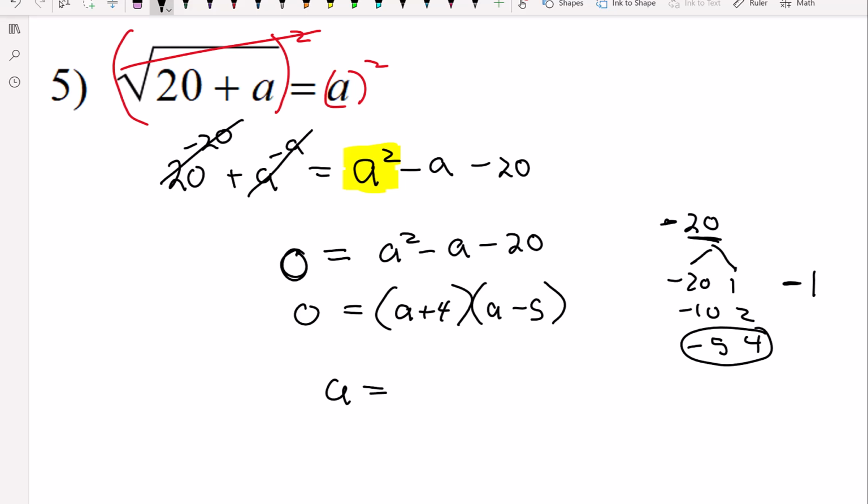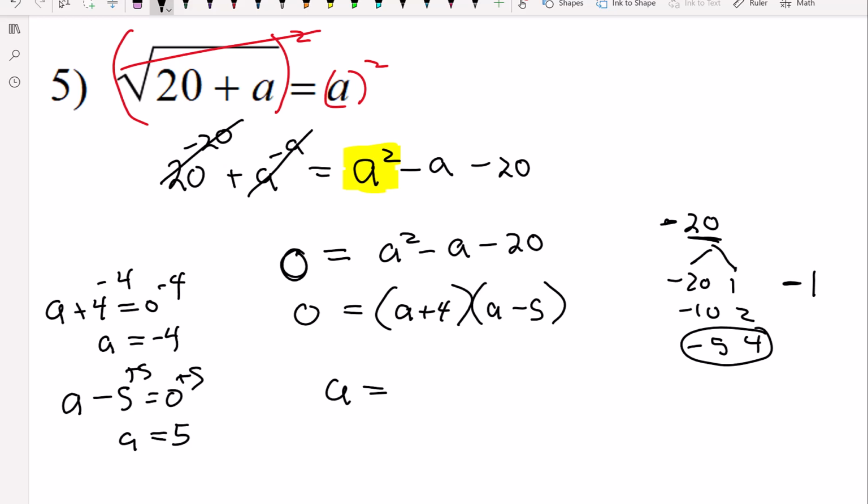Now, remember, we could do the zero property rule and then solve for a. A minus 5 is equal to 0, add 5. But that's a lot of extra steps.